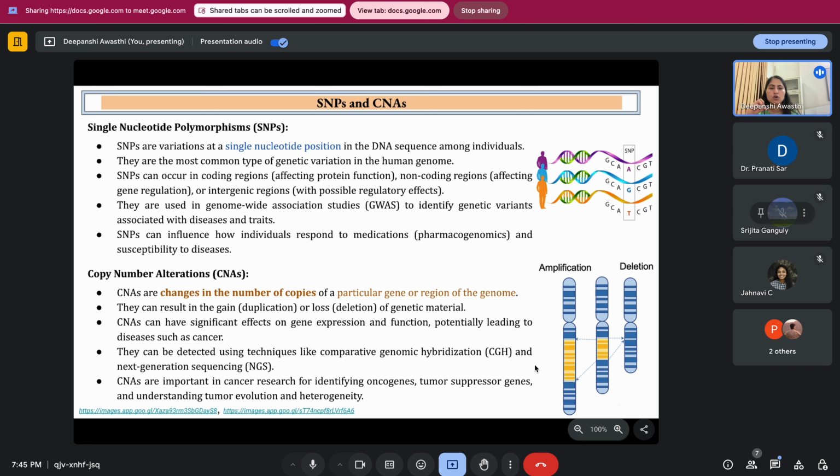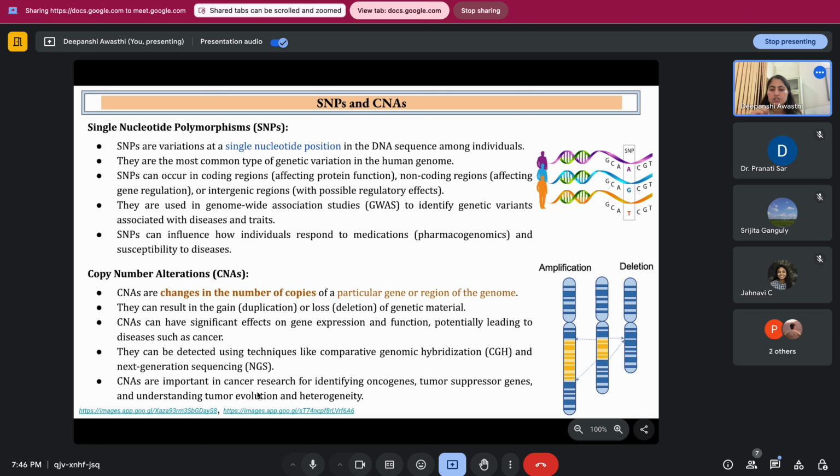So copy number alterations mostly lead to diseases such as cancer, and we can detect them with comparative genomic hybridization methods or next generation sequencing. These are very important because in cancer studies we mostly look for copy number alterations. There are two kinds of genes: tumor suppressor genes and oncogenes.